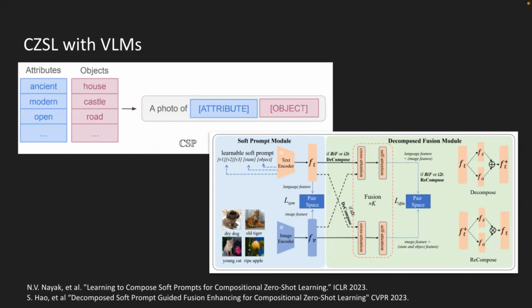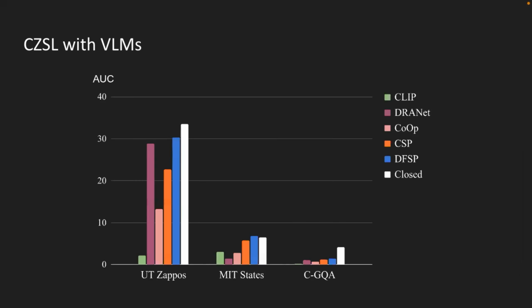The one in the bottom does the same, but with a more structured strategy where you also decompose things. And so they can really help in terms of performance, and actually they do. The blue bar is the second approach, the one doing sort of structured things, and you see that even in MIT-States it bridges the gap, but doesn't do so in CGQA, for instance.